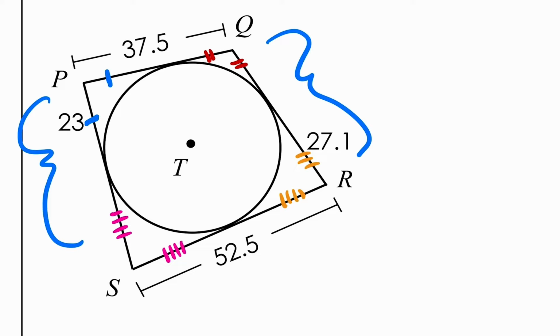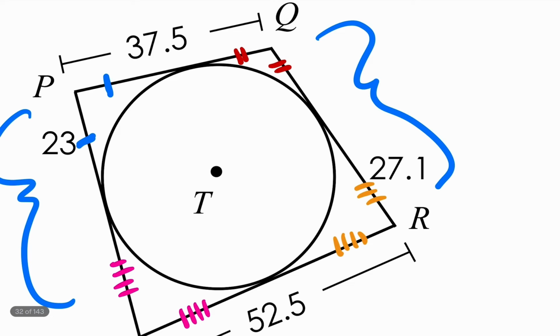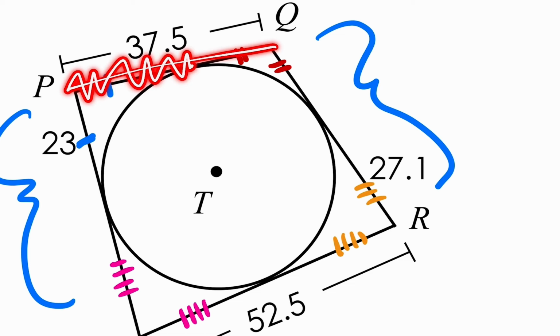With that being said, I'm going to start by finding this piece. If the entire side here is 37.5 and I only need this piece, I'm just going to subtract this piece from the 37.5, which is the entire thing. If I have the whole thing and I just take this part away, what am I left with?